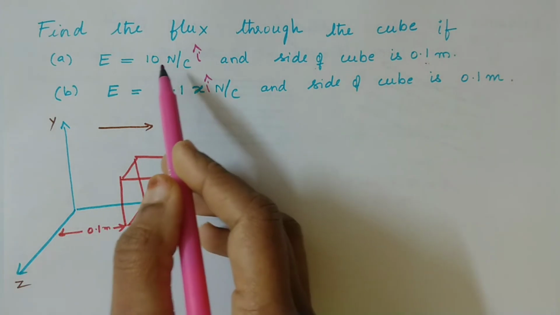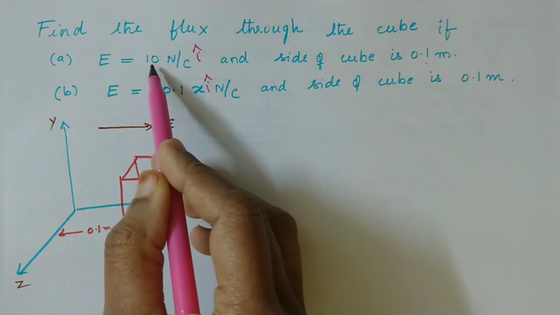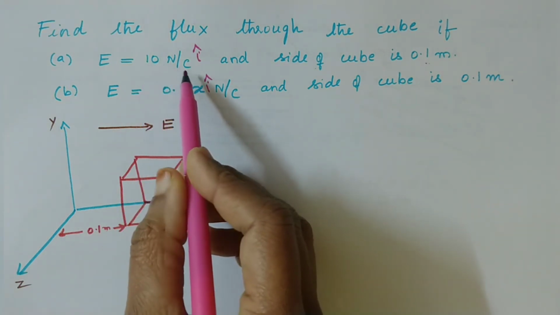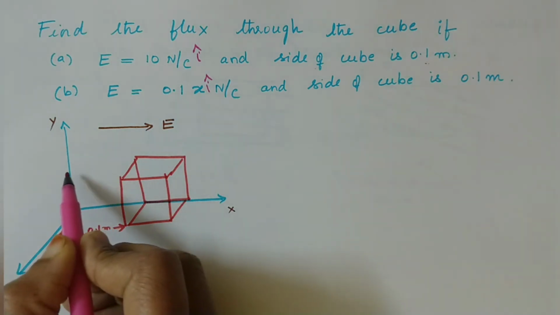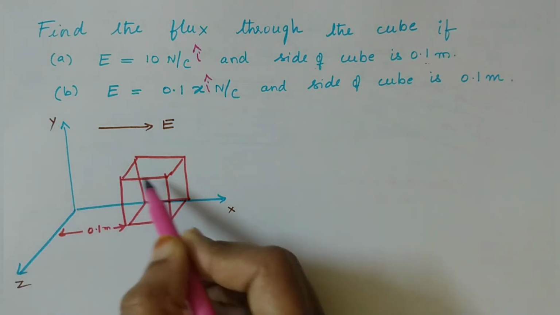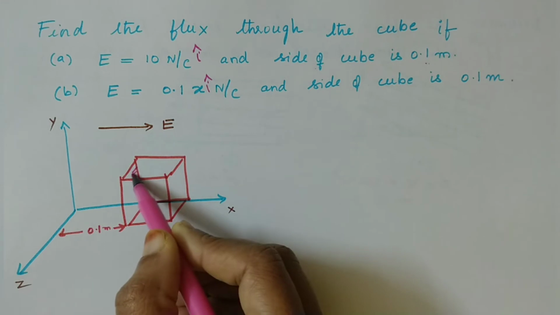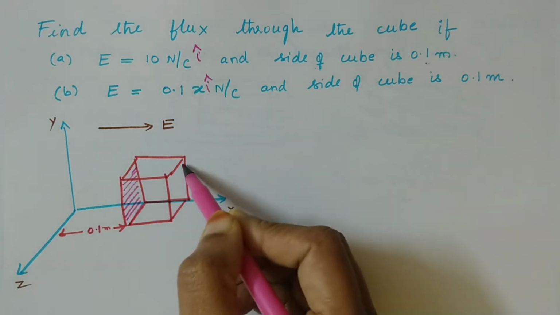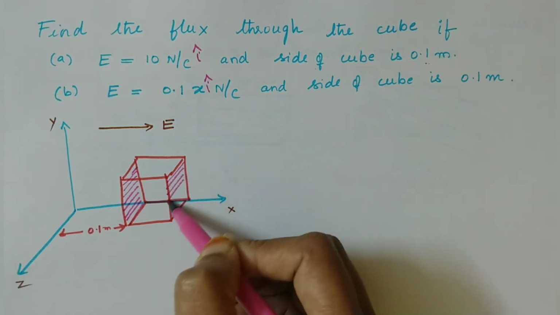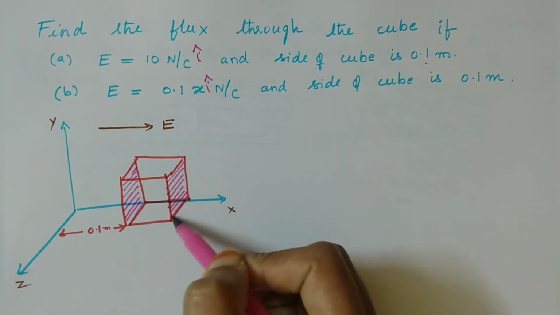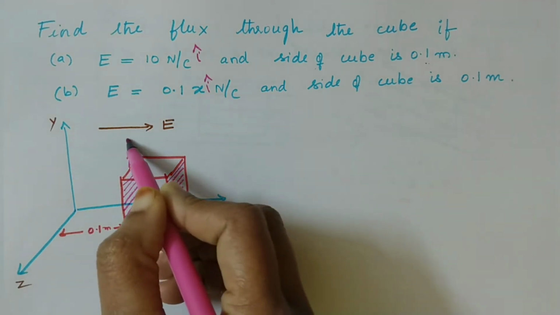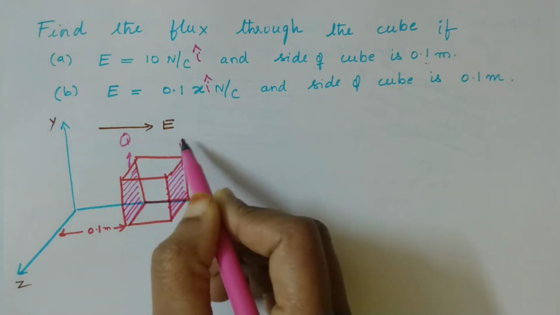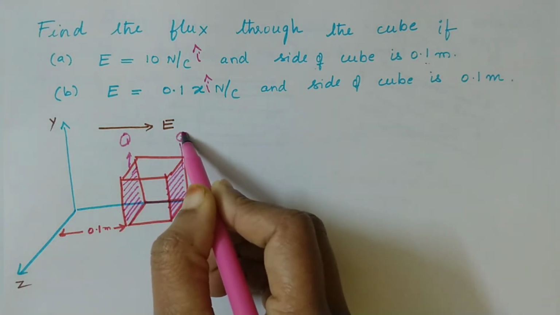Now look at the first case. Field is constant and it is 10 Newton per coulomb in magnitude. If you observe the field which is entering the cube, it is passing through two surfaces of the cube, the shaded surfaces, and emerging from this side. Flux is entering from the first surface, I'll call this the first surface, and it is coming out of the second.